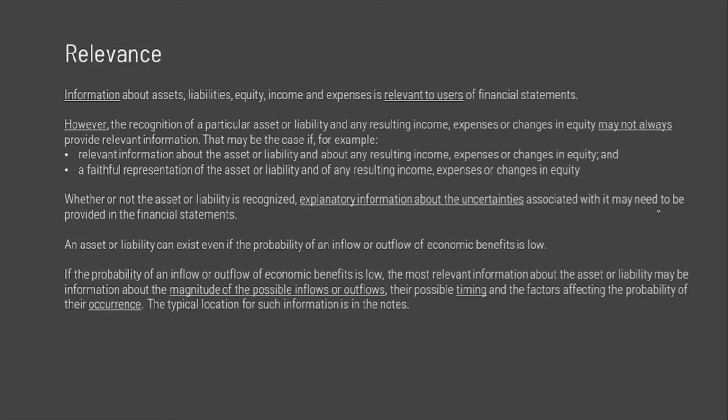For example, the cost of an asset or liability arising from an exchange transaction on market terms generally reflects the probability of an inflow or outflow of economic benefits. Thus, the asset or liability may be recognized because not recognizing it would result in the recognition of income or expense which may not faithfully represent the transaction.